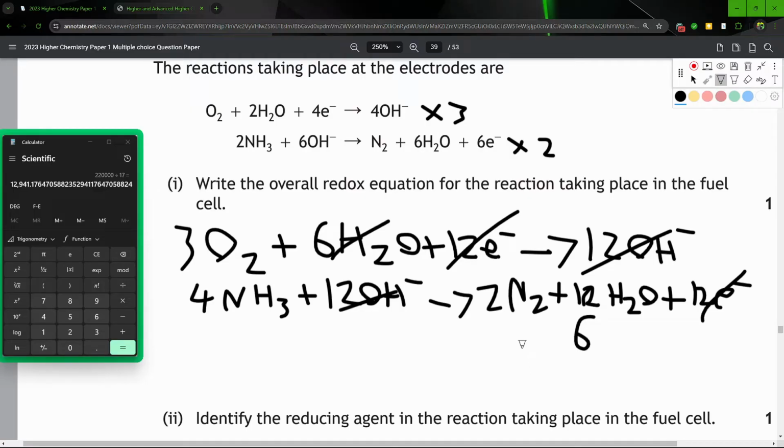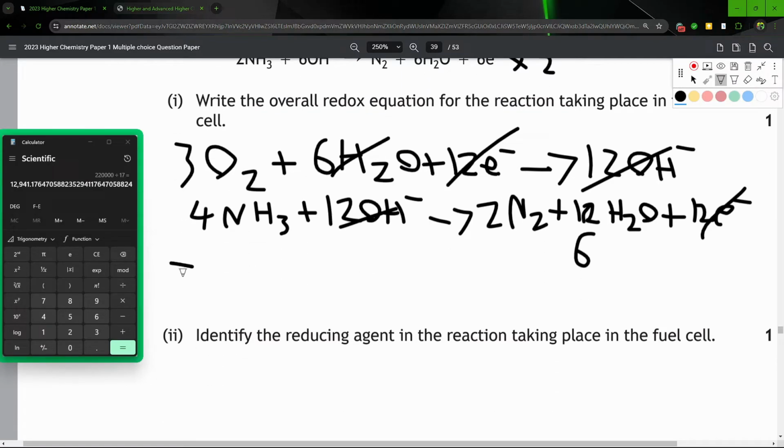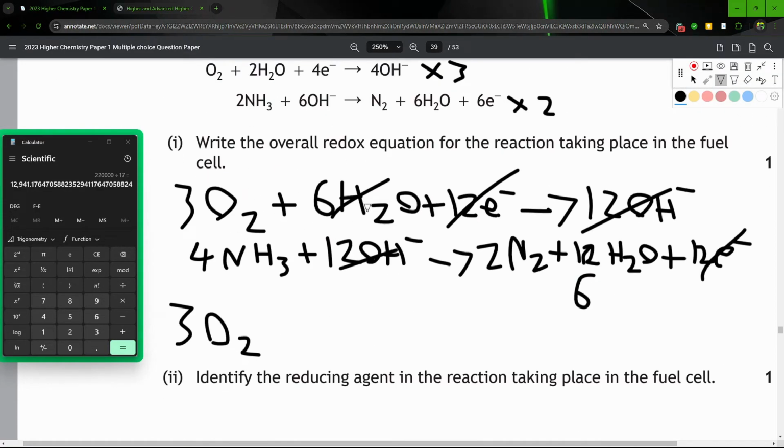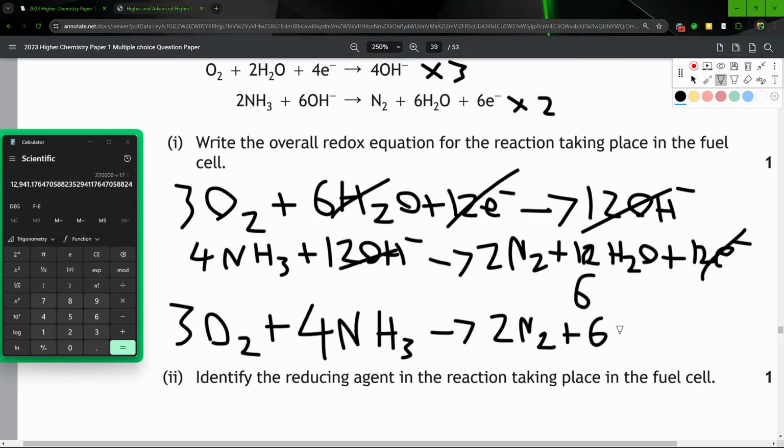And then that means that we have 3 oxygens plus 4 ammonia will give us 2N2 and 6 water. So yeah, it's a bit of an overcomplication, but basically you want to cancel out as many things as possible to make it as simple as possible. There we go.